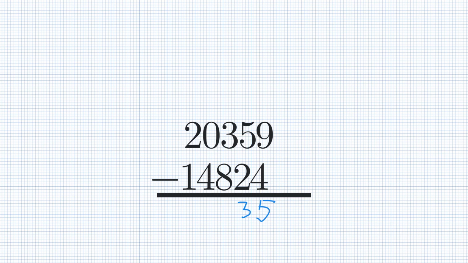So let's show that. Take one of those 10,000s, that only leaves one left, and we shift it to the next place. Now keep in mind, this is the thousands place that we're moving it to. 1 10,000 makes 10 1,000s. Now remember the goal here, we're working on subtracting the hundreds place. Now we have thousands that we can move to the hundreds place.